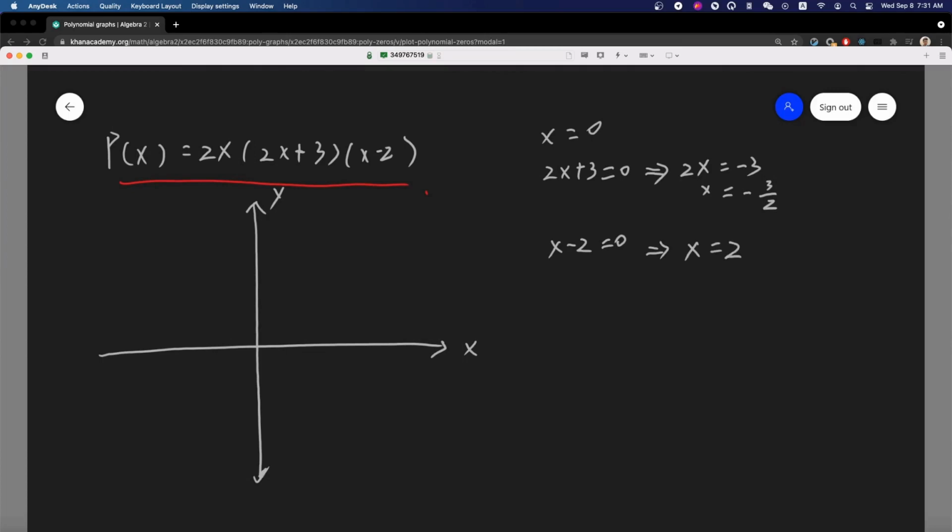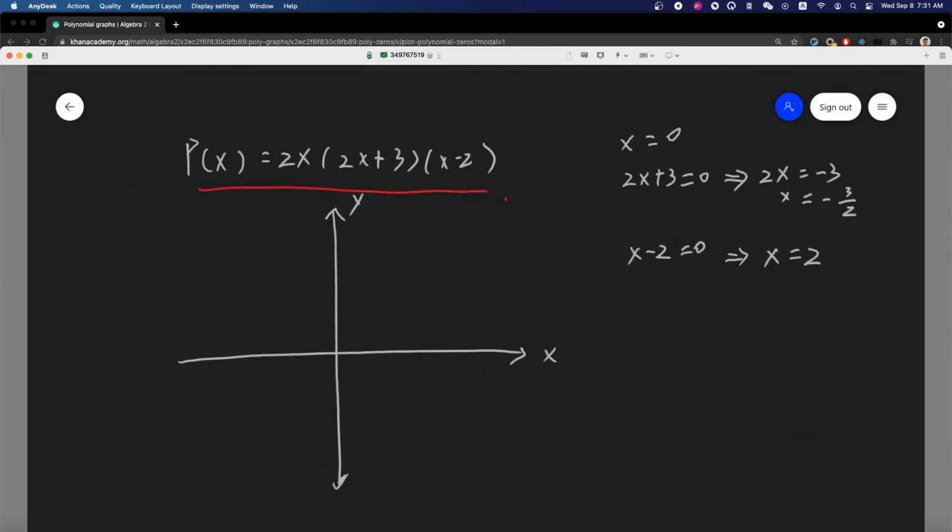Alright, so now we've got all those zero points. x equals 0, x equals 2, and x equals negative 3 over 2, which is this point. Okay, then how do we know whether the line is on the upper side or the lower side? How do we know that?